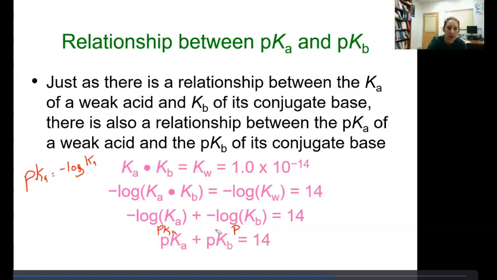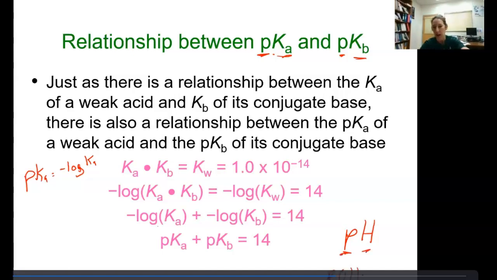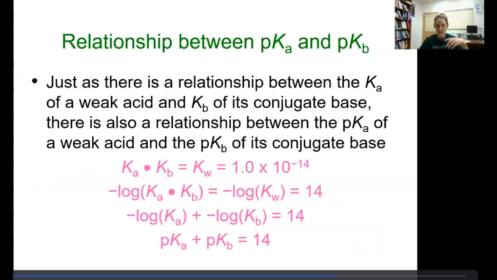So pKa plus pKb equals 14. If they give you pKa but you need pKb, you just subtract from 14, just like we do with pOH. Same exact mathematical principle. Remember, P just means negative log of, just like when you do pH, negative log of H, and pOH, negative log of OH.